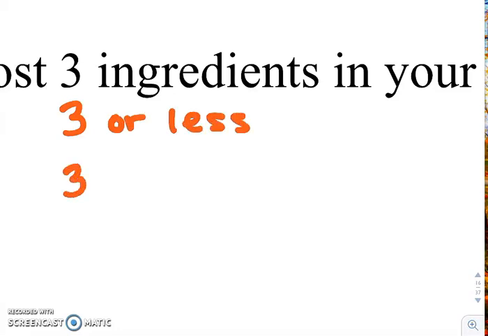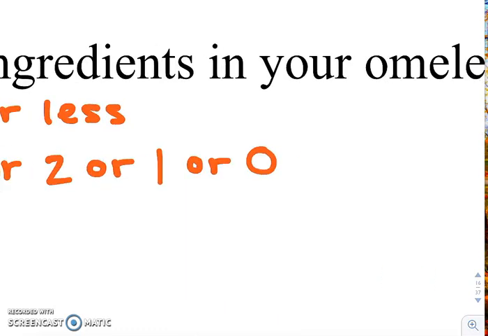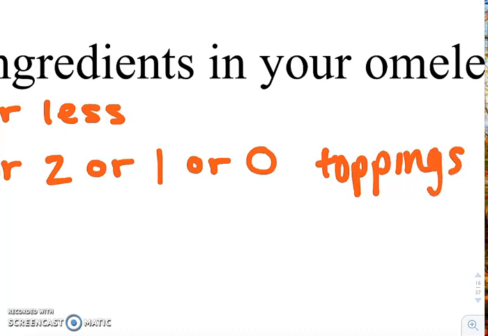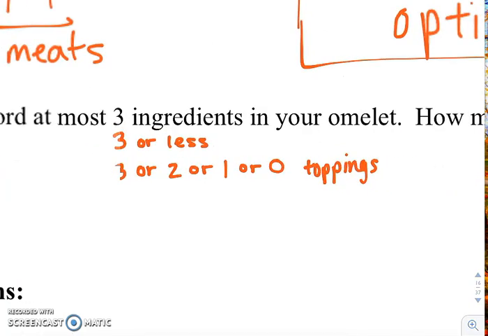So you could do 3 or 2 or 1 or 0 toppings. You're not going to get 3 and 2 and 1 and 0 because that wouldn't make sense. You're choosing one of those 4 options. So if you're only choosing 1 option or doing 1 thing, that's when we're adding.